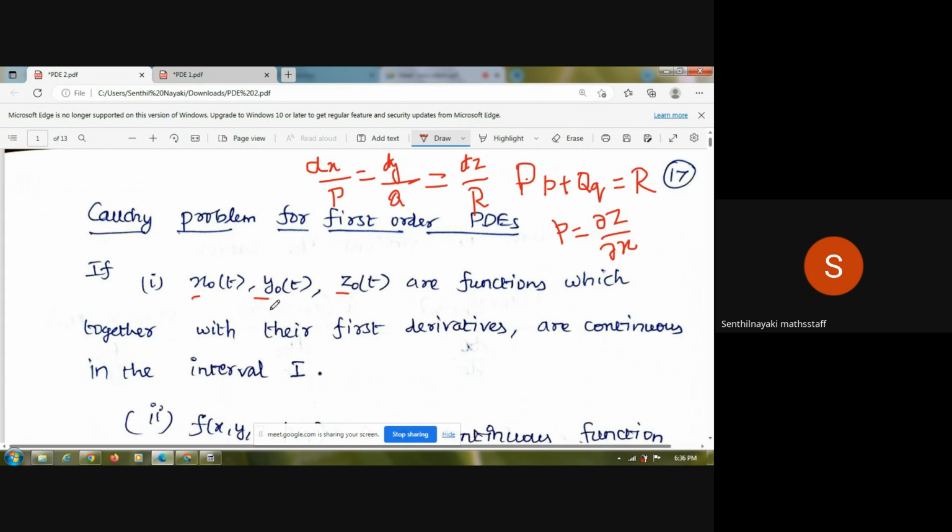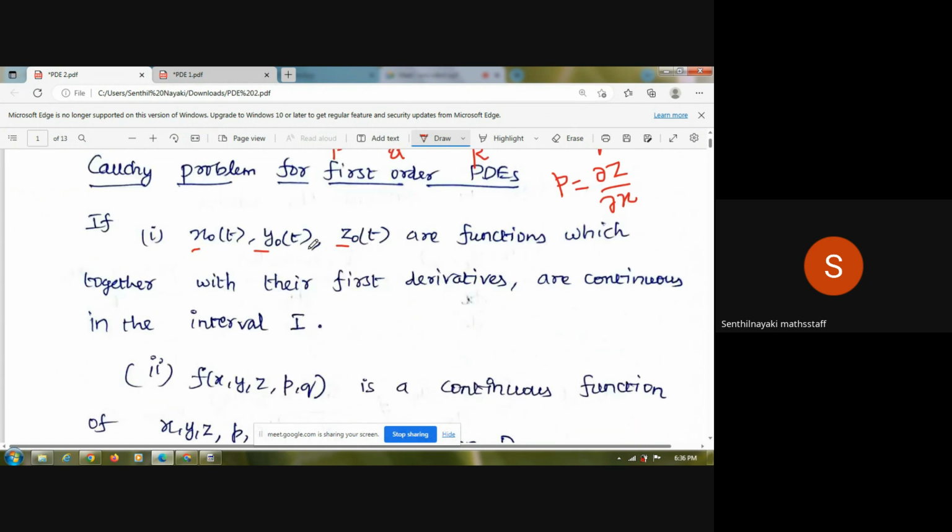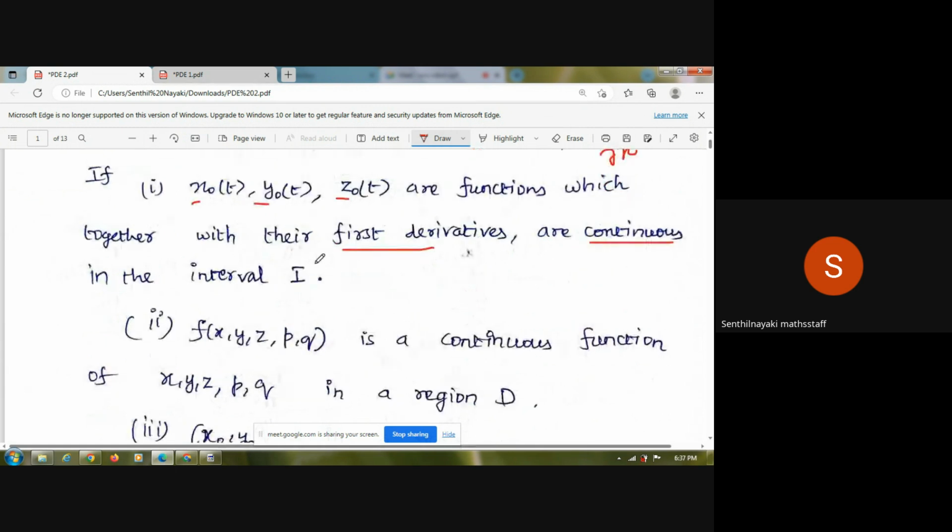These are the initial values. After that we have to change that into the parametric equation in terms of t. If I explain one problem, then you can understand these concepts. These are all first derivatives. Derivative exists means it should be a continuous function, isn't it? Since differentiation implies continuity, the converse need not be true. So derivative exists means it must be continuous in some interval I.